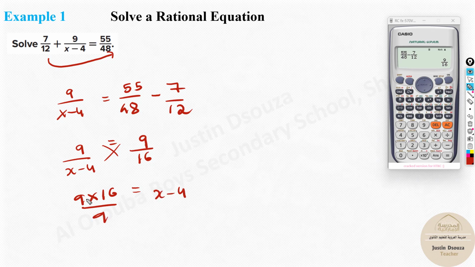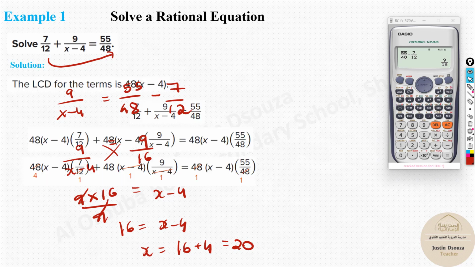So I have this variable. Your 9 and 9 cancel. What's remaining is 16 equals x minus 4, or x is equal to 16 plus 4, isn't it? Why does this go to the other side? I've written this term first. 16 plus 4, that is 20. So x is 20 in this case. So the answer is 20.